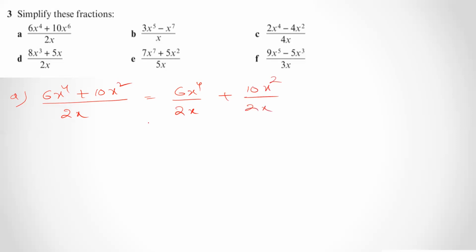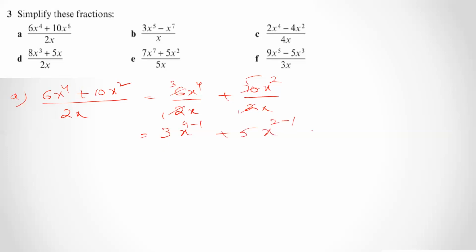Now we apply the second law of indices. 2 into 1 is 2, 2 into 3 is 6. So 3x power 4 minus 1, plus 2 times 5 is 10, so here 5x power 2 minus 1.